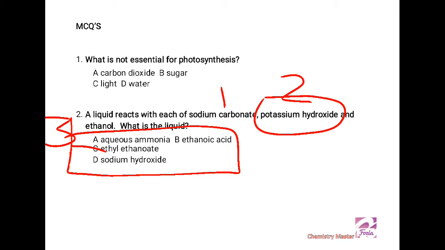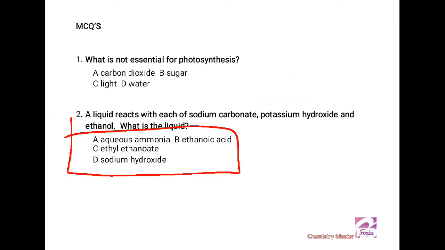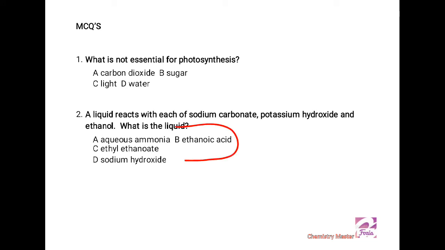So it cannot be the suitable answer. The next is D, sodium hydroxide. Again, sodium hydroxide is a kind of base. It will not be reacting with potassium hydroxide. So the most suitable chemical which is available in these four options is ethanoic acid. Ethanoic acid is basically acetic acid.